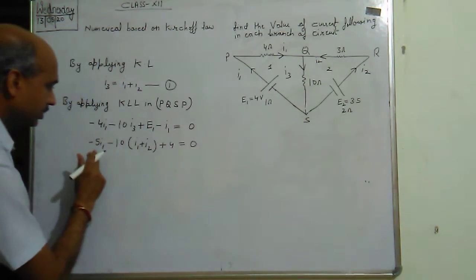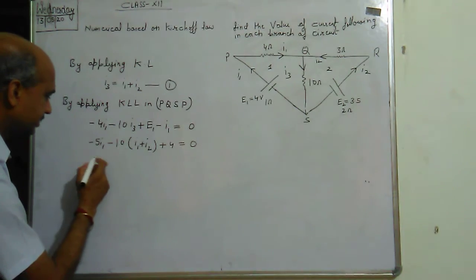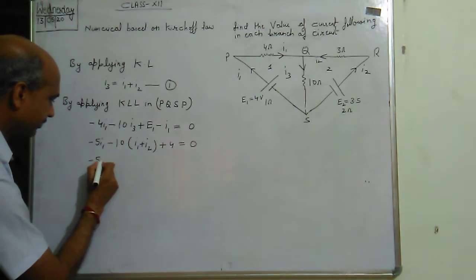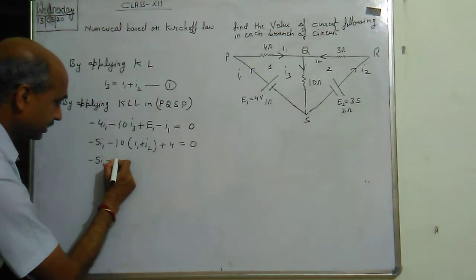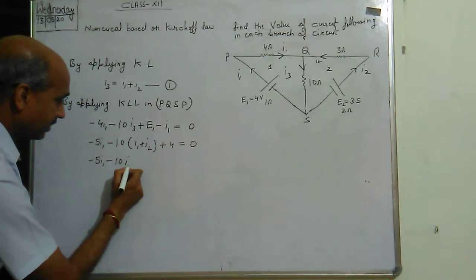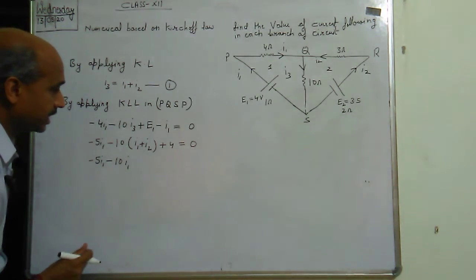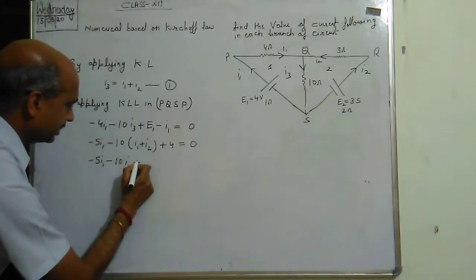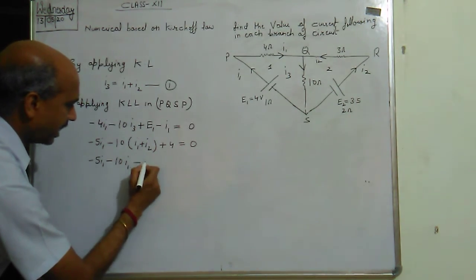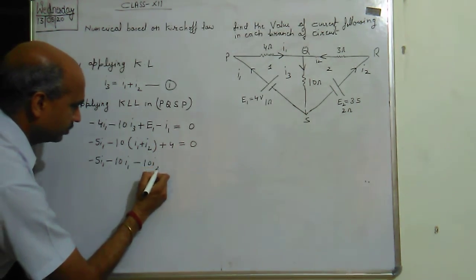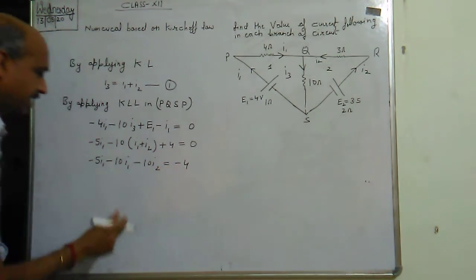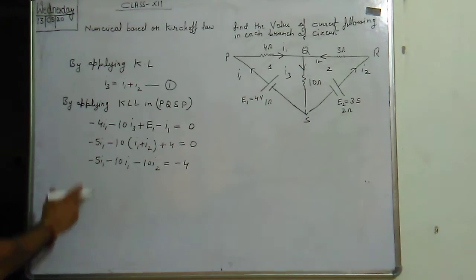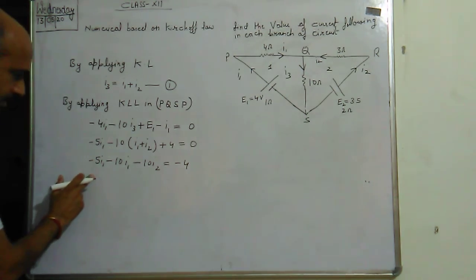Equals to 0. So multiply this 10 inside, so we are getting minus 5 I1 and minus 10 I1, and minus 10 I2 equals to minus 4. On solving it, we are getting 5 and 10.